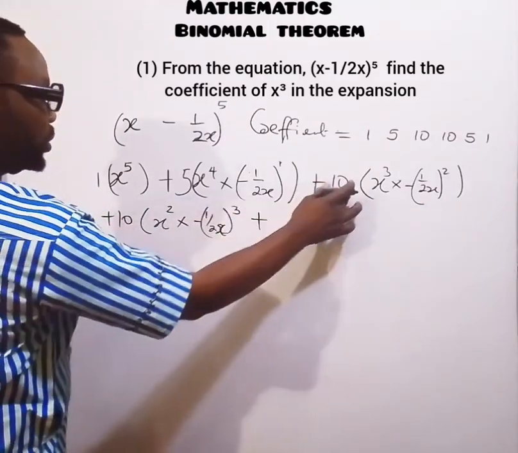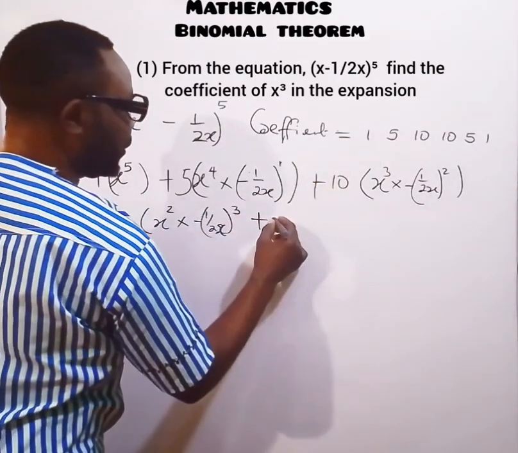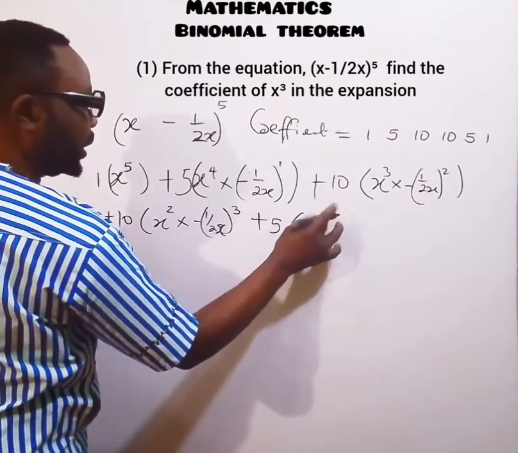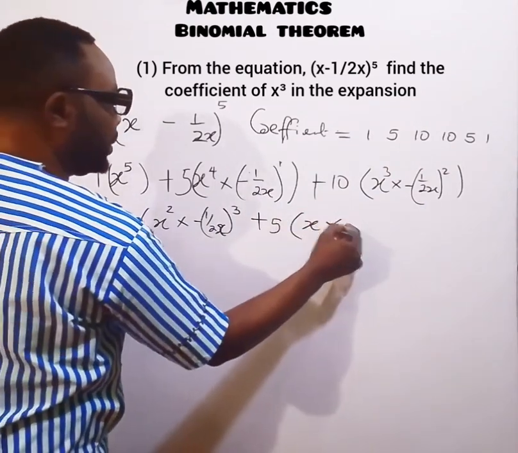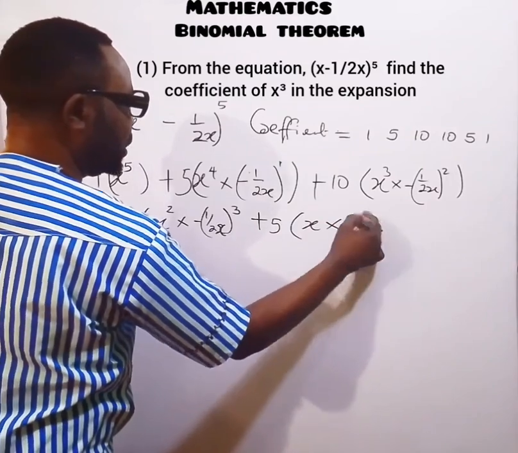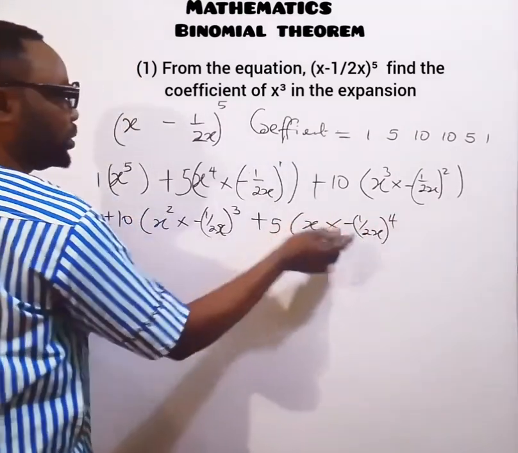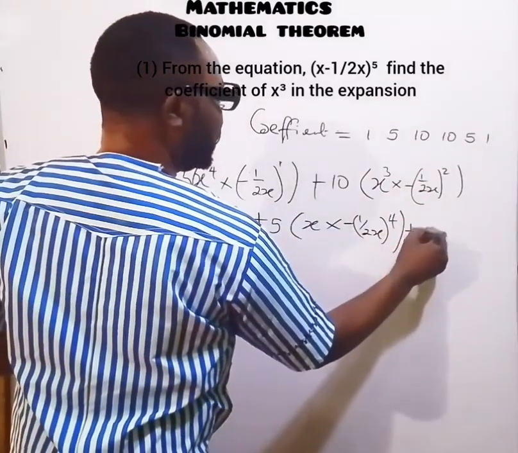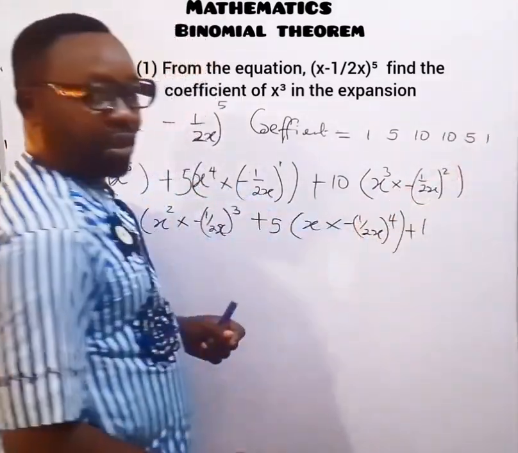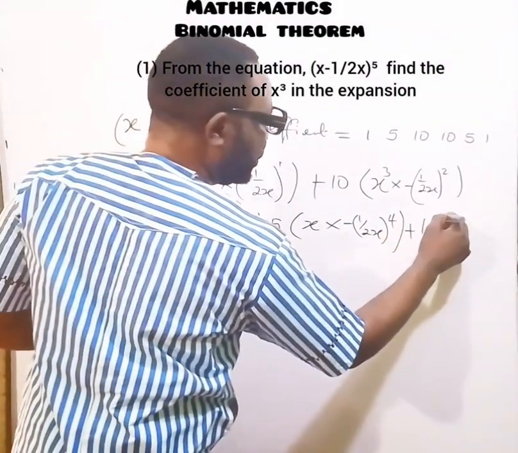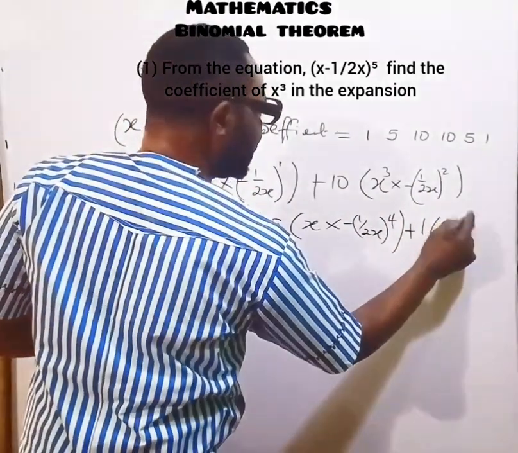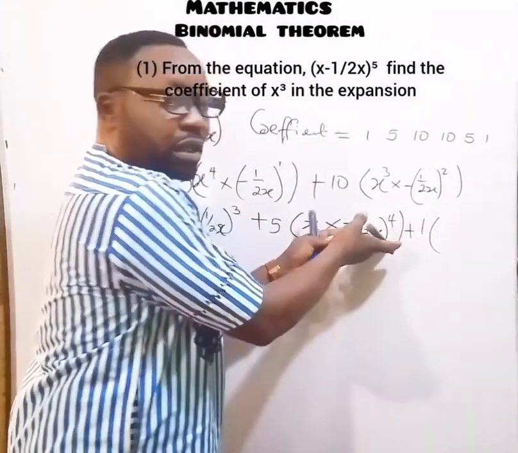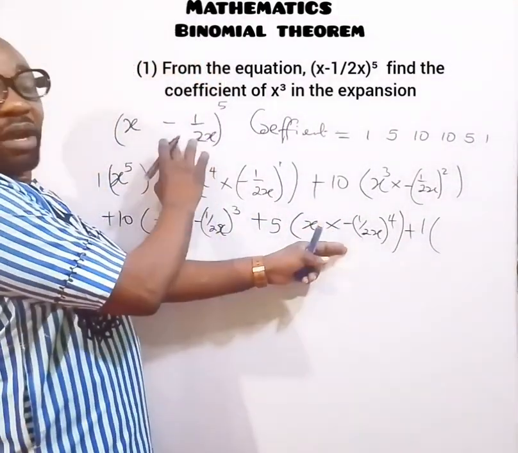We have used the 10, then the next is 5 into x raised to the power of 1, multiplied by (minus 1 over 2x) raised to the power of 4. So 1 plus 4 is 5. Then we have 1, that is the last coefficient value.